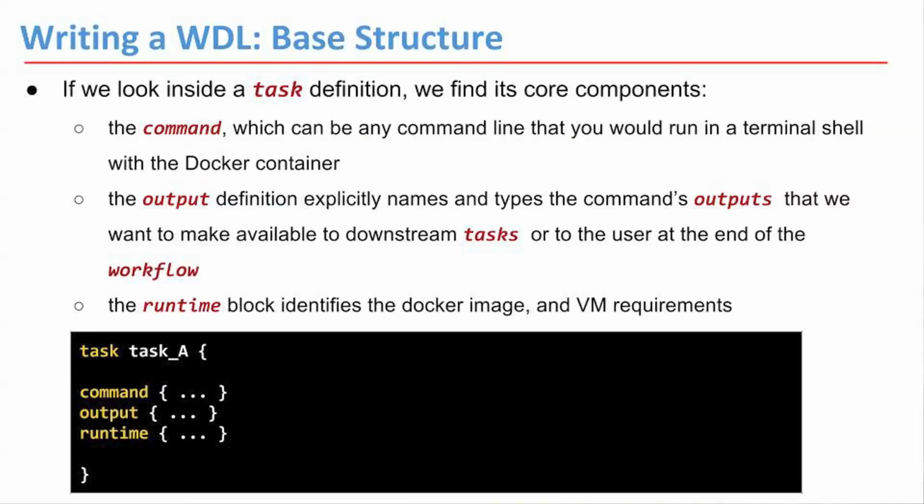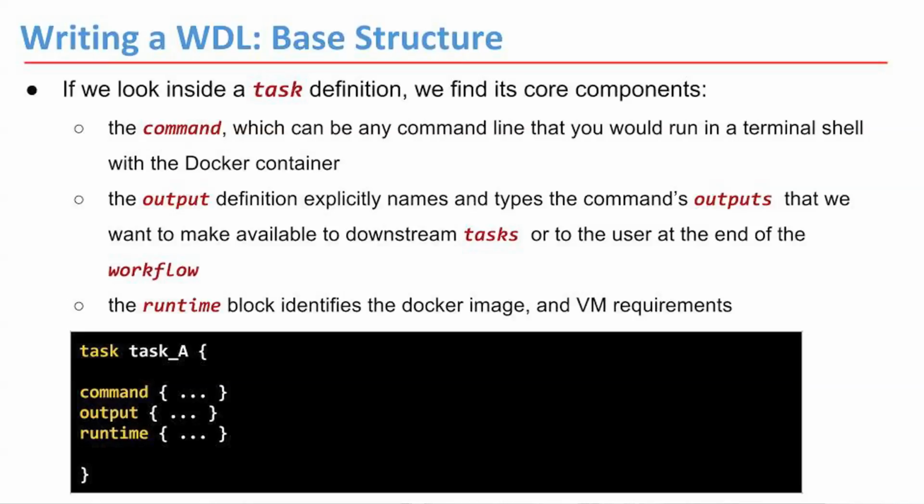In the command, you specify the actual one or multiple commands that are run within that Docker container. In the output block, you explicitly declare what the output files are going to be, and the explicitly declared output files are going to be written back to the Google bucket.